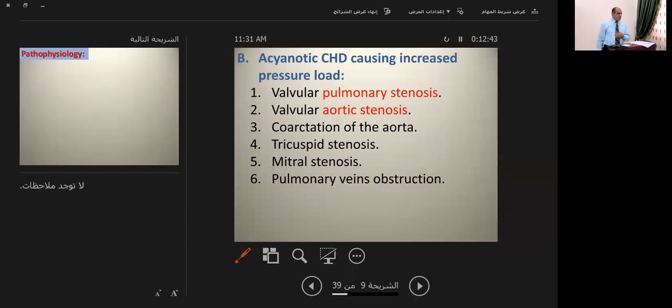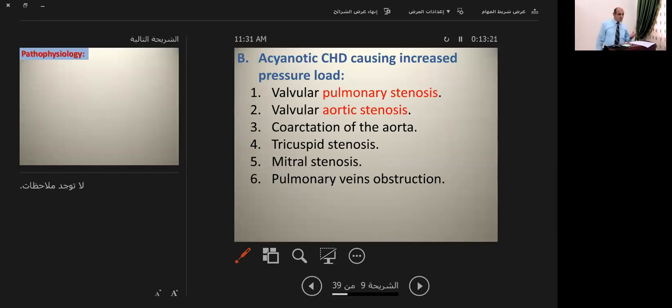When you have pulmonary stenosis, pumping of blood through the pulmonary artery is limited by the stenotic valve, so there will be more pressure on the right ventricle. With aortic stenosis, the heart needs more pressure to push blood from the left ventricle to the aorta through the stenotic aortic valve, causing more pressure on the heart.